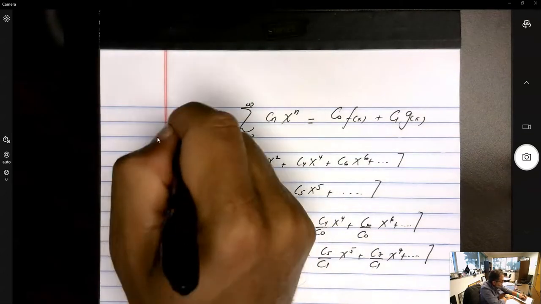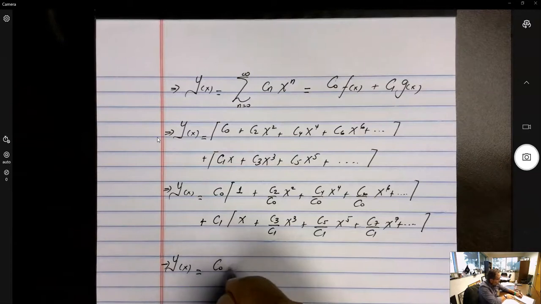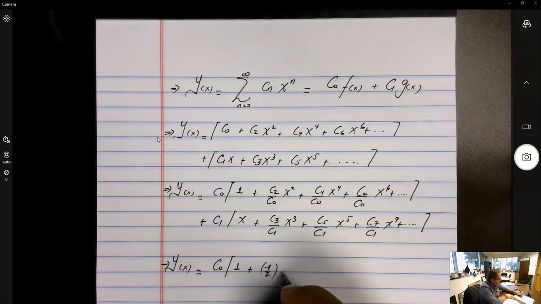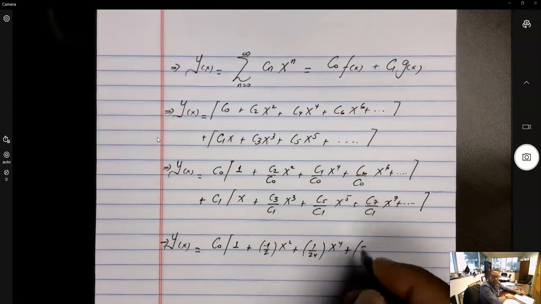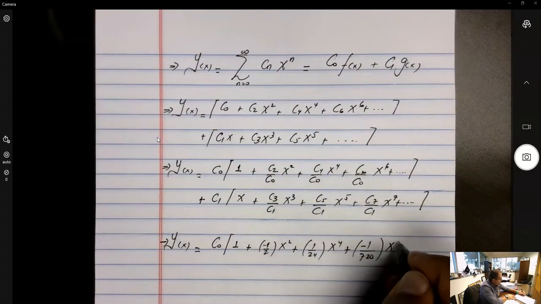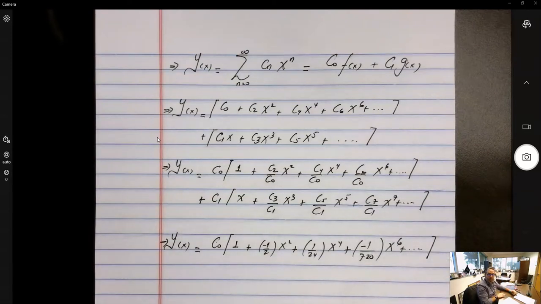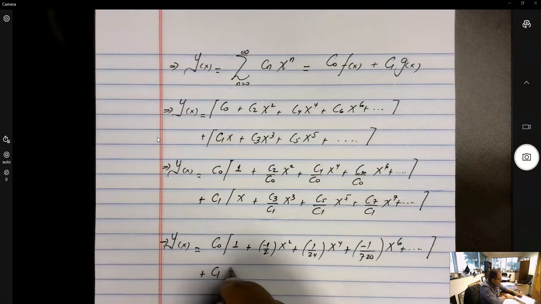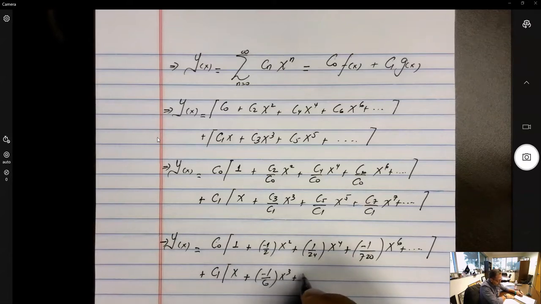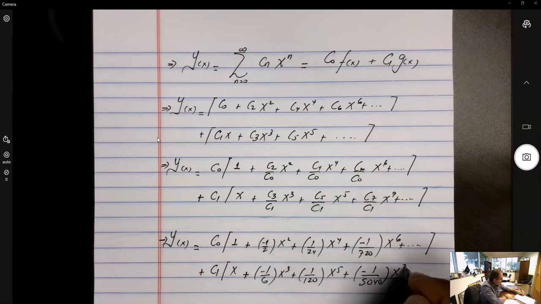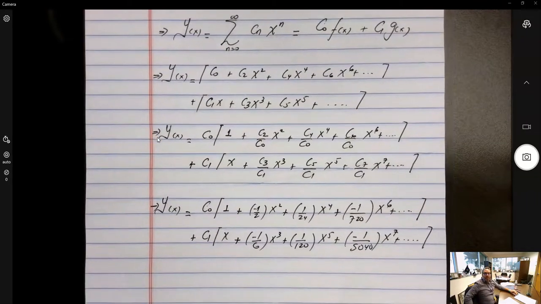So y of x is then equal to C0 times 1 plus minus 1/2 times x squared plus 1/24 times x to the 4 plus minus 1 over 720 x to the 6, and you can continue finding out what those numbers are very simply, plus C1 times x plus minus 1/6 times x to the 3 plus 1 over 120 x to the 5 plus negative 1 over 5040 times x to the 7 plus an infinite number of odd terms, right?